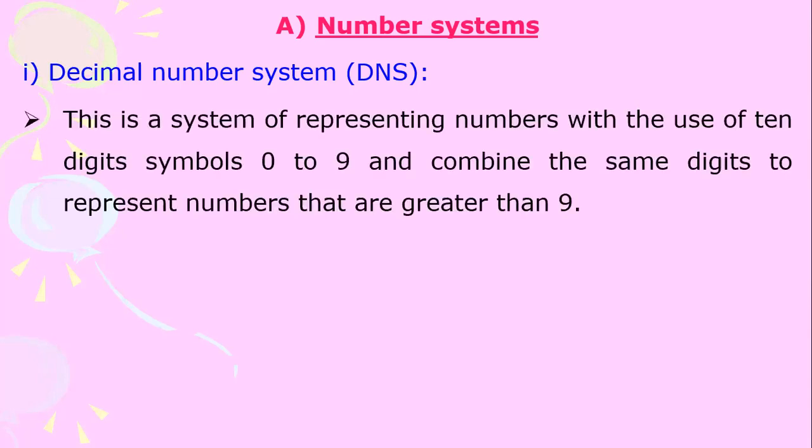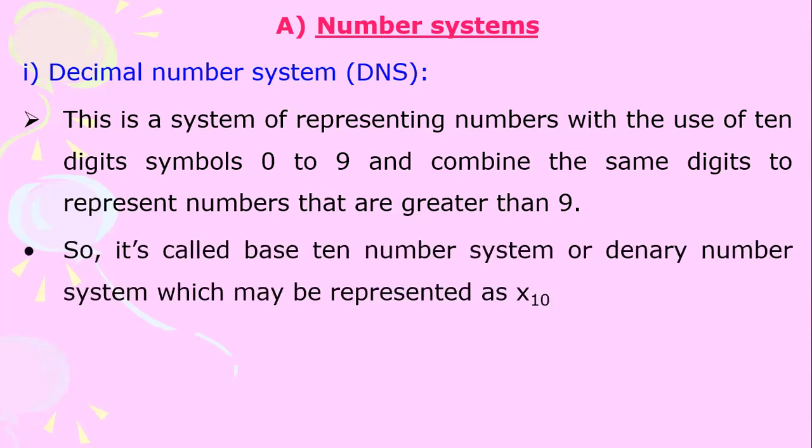Let's look at number systems. We commence with the decimal number system. This is a system of representing numbers with the use of 10 digit symbols, 0 to 9, and combining the same digits to represent numbers that are greater than 9.